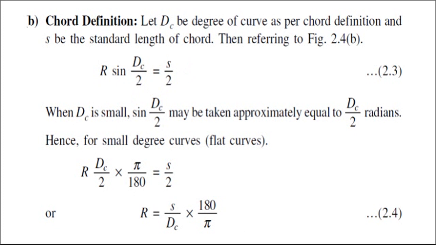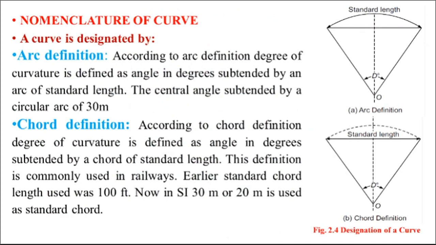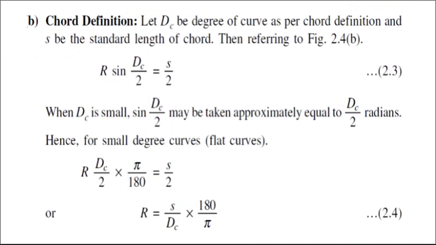See in the previous figure, this is S by 2, and for this triangle we are applying the sin of theta. So R into sin of DC by 2 is equal to S by 2.